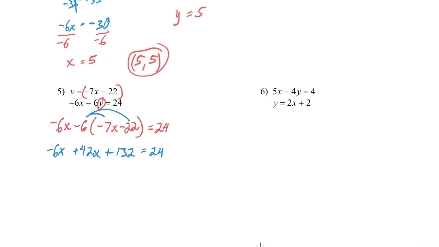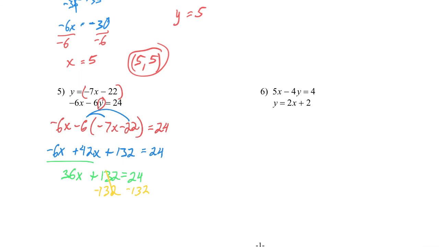Once I've got that, now I'm going to combine my like terms and solve for x. So 42 subtract 6 is going to be 36x. Drop the plus 132 equals 24. Now I'm going to finish solving, so I'm going to subtract 132.